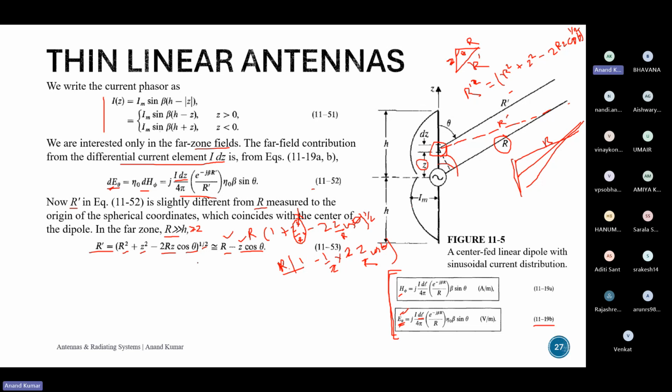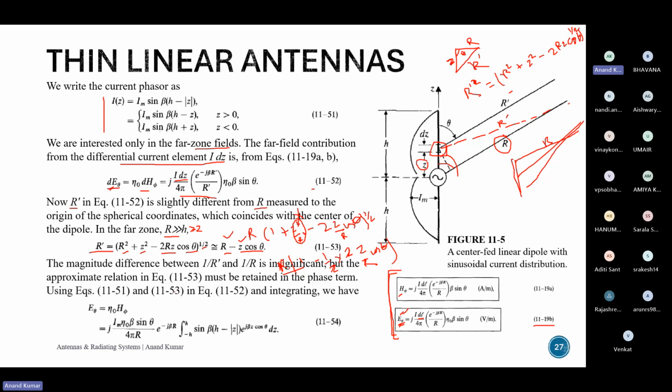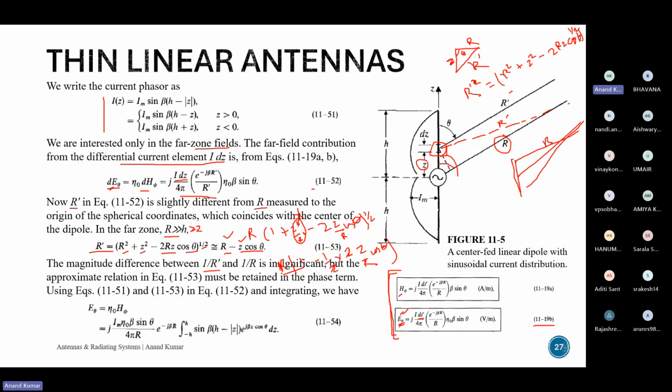Okay, so we'll proceed. We have found r hyphen in terms of r minus z cos theta, and the approximation which you mentioned will also come in later. The magnitude difference between 1 by r and 1 by r dash is insignificant, so in magnitude terms it will be fine.